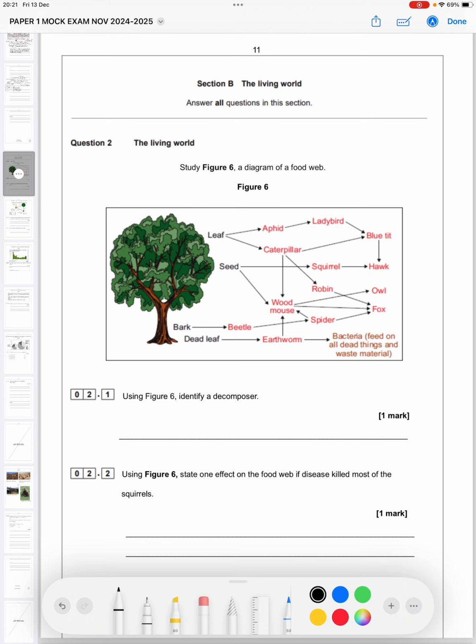Decided to record another walkthrough video on Friday the 13th, which is very ominous, but I hope this is useful for you. Only going to go through the Living World section of this AQA Paper 1 mock that we used at my school. So this is not an official paper, this is just a mock.